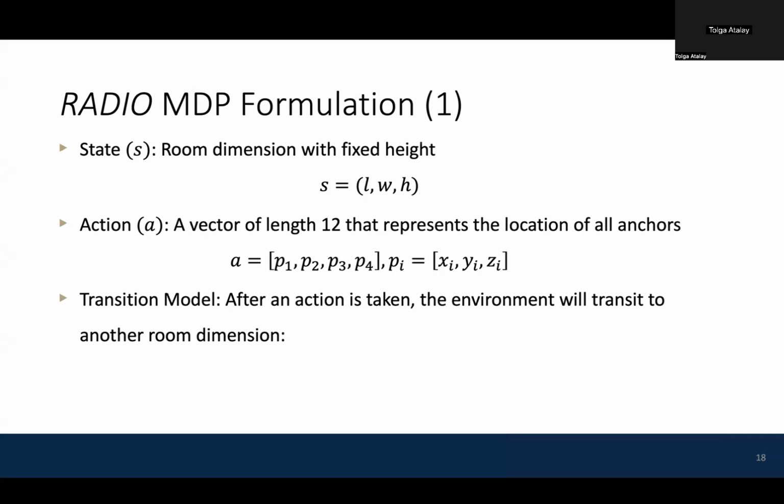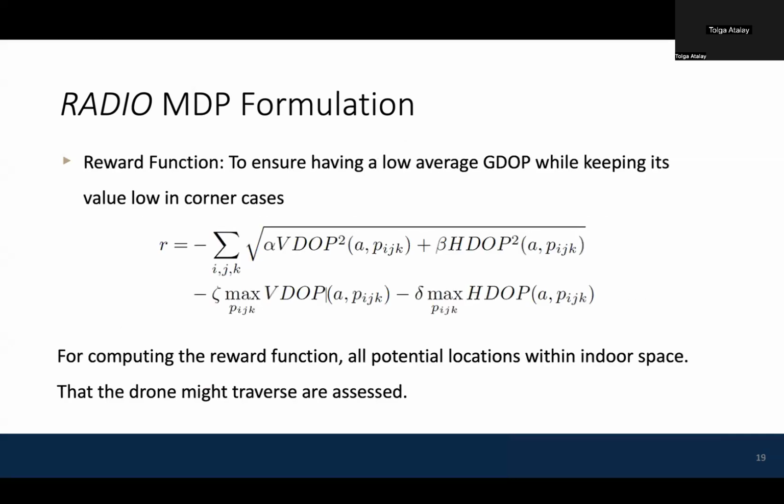First, we have the state, which is the room dimension that is fixed for a specific computation. Then we have the action, which is a vector of length 12 that represents the location of the anchors, basically all the Wi-Fi indoor nodes. And the transition model: after an action is taken, the environment will transition to another room dimension if you want to make computations for different rooms.